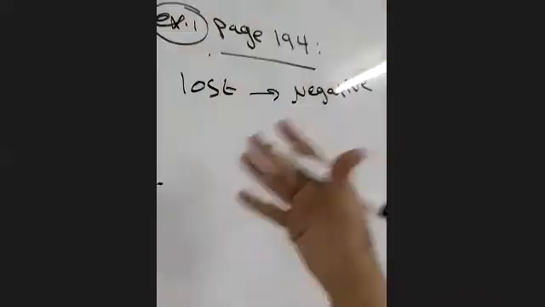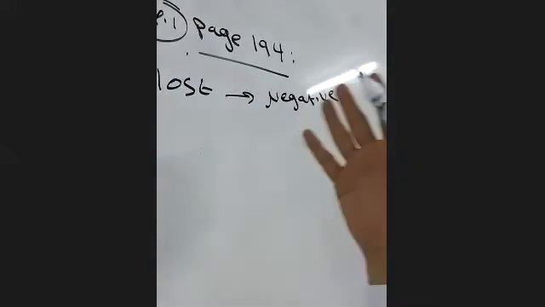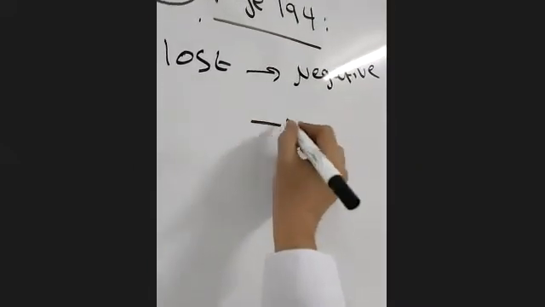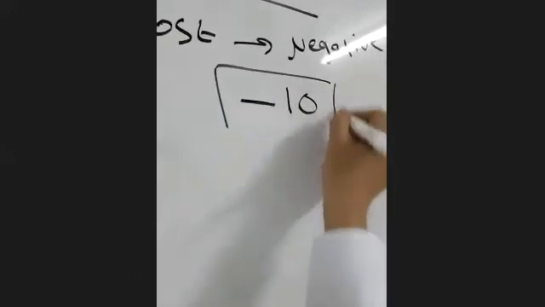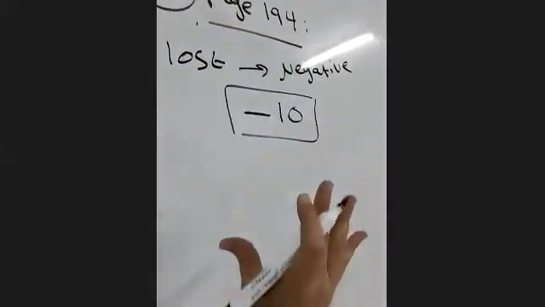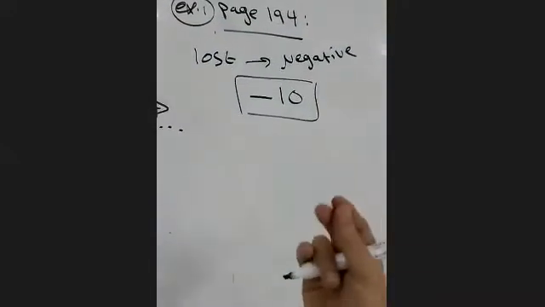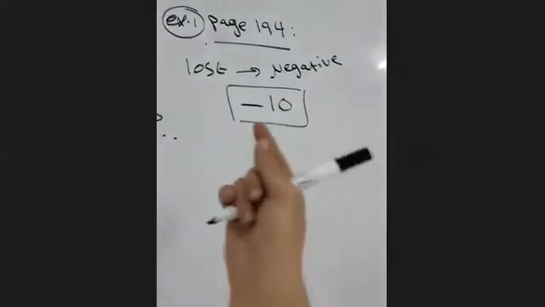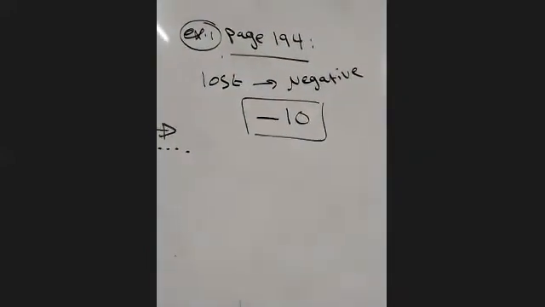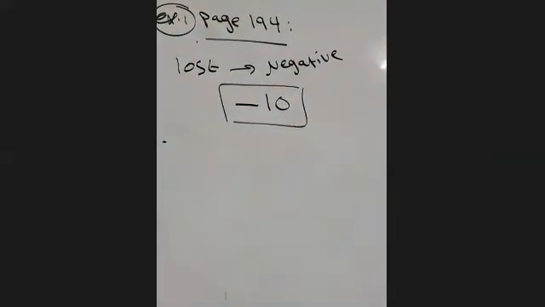The team lost 10 yards, so we are talking about negative 10. This integer represents the situation. When I say a team has negative 10, it means this team lost 10 yards. So we represent it by negative 10.